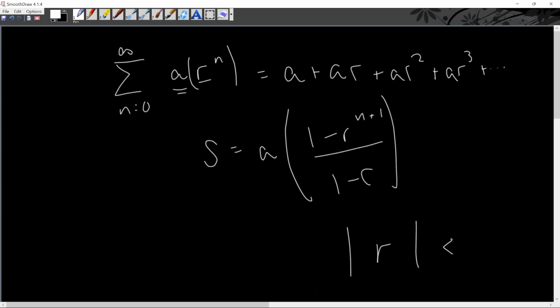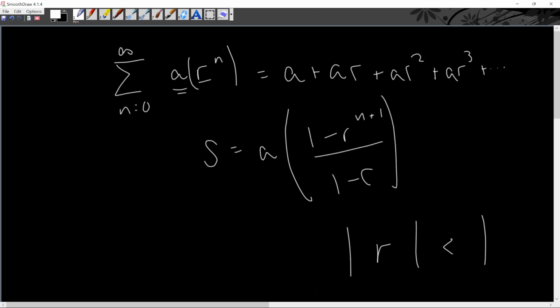So if you have a plus 2a plus 4a plus 8a, you're going to get a value that is constantly increasing for every subsequent n, right? So the absolute value of r has to be less than 1. It is a fraction, and it is a fraction that is less than 1. That is the idea behind these series.